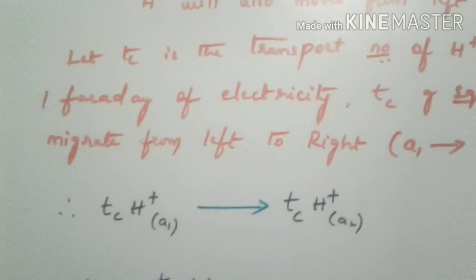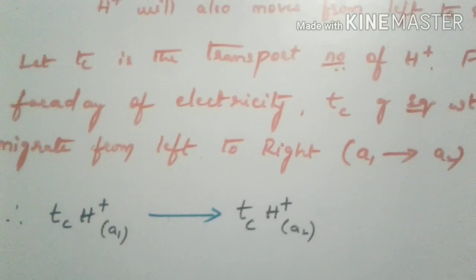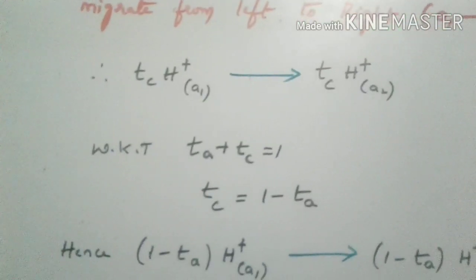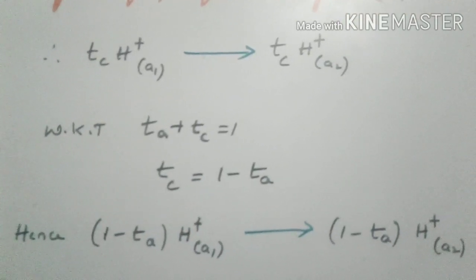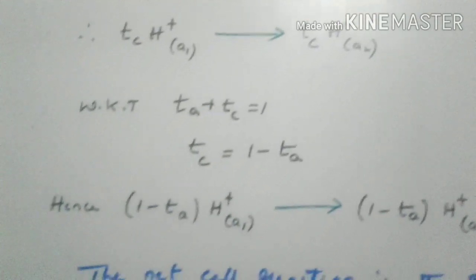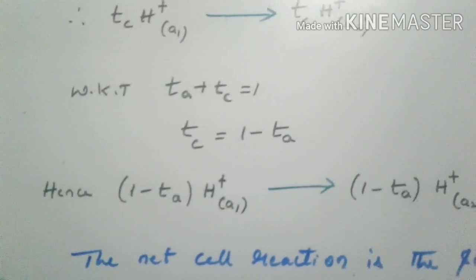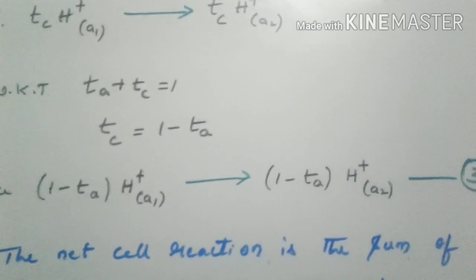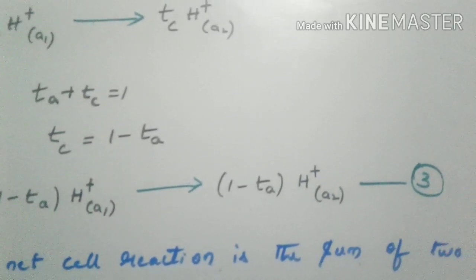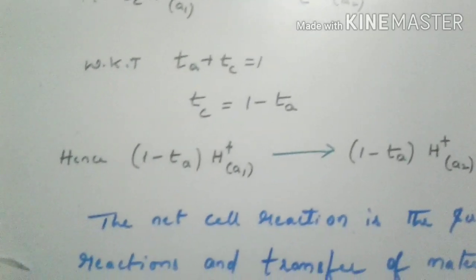Therefore, Tc H plus A1 gives rise to Tc H plus A2. We know that Ta plus Tc is equal to 1. Therefore, Tc is equal to 1 minus Ta. Hence, (1 minus Ta) H plus A1 gives rise to (1 minus Ta) H plus A2. Call it equation 3.